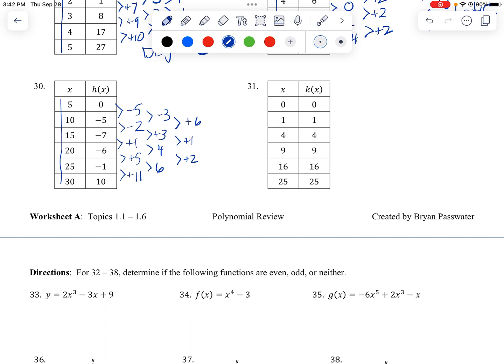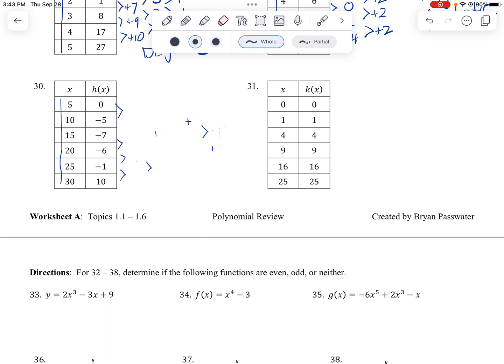This seems a little crazy. Up by 5, up by 11, down by 3, up by 3, up by 4. So this one is up by 5 and up by 1. So would that be neither? Let's try this again. Let me erase and start. See what we can find here.